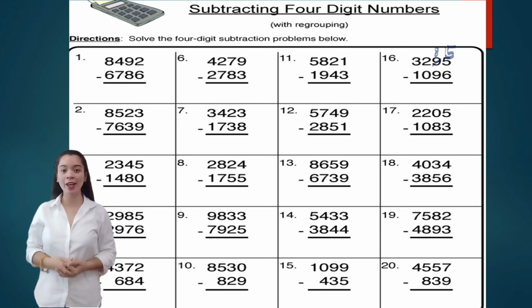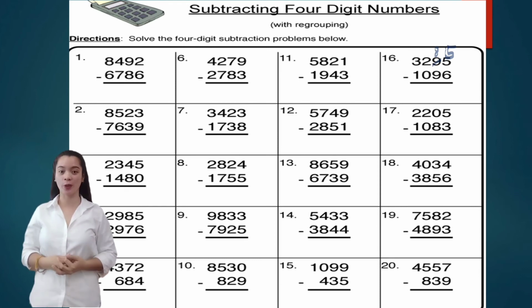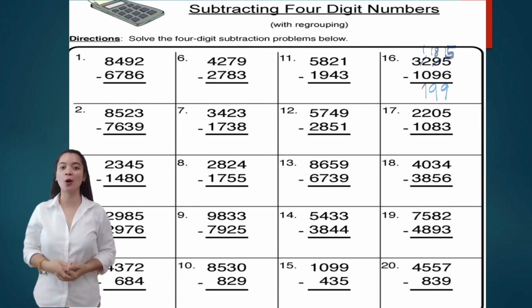So 15 minus 6 equals 9. 8 minus 9 cannot be, so let's borrow from 2. 2 becomes 1 and 8 becomes 18. 18 minus 9 equals 9. And 1 minus 0 equals 1. 3 minus 1 equals 2. So we have the answer 2,199. Okay, let's check.